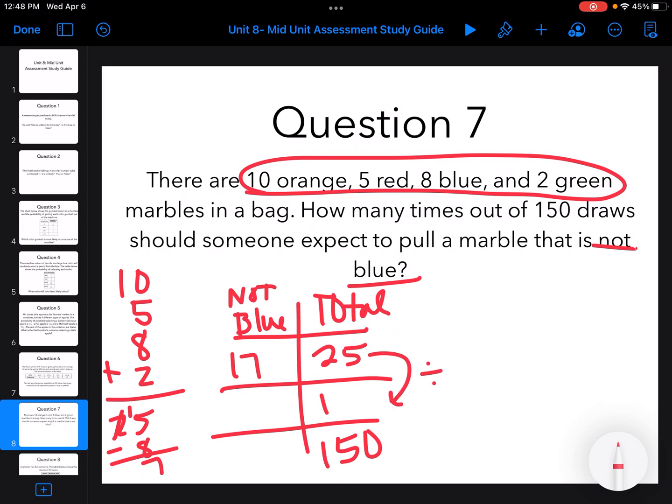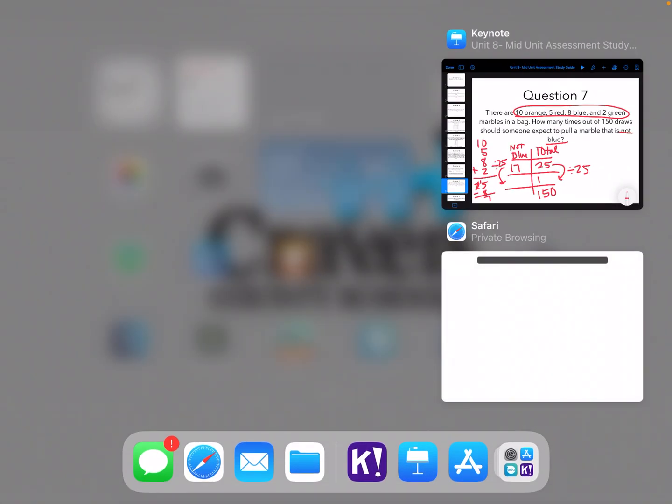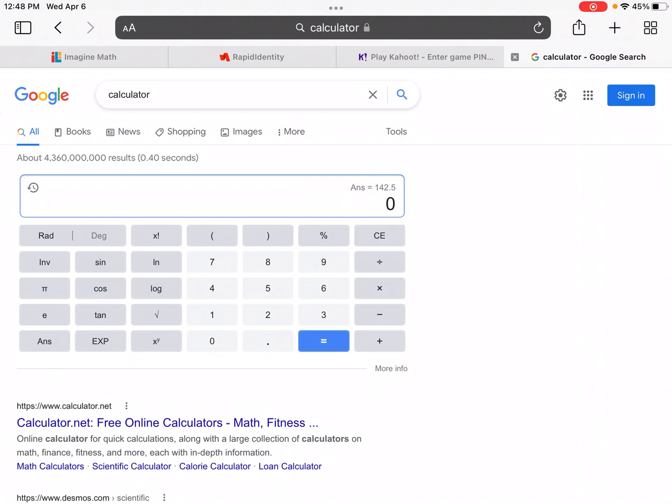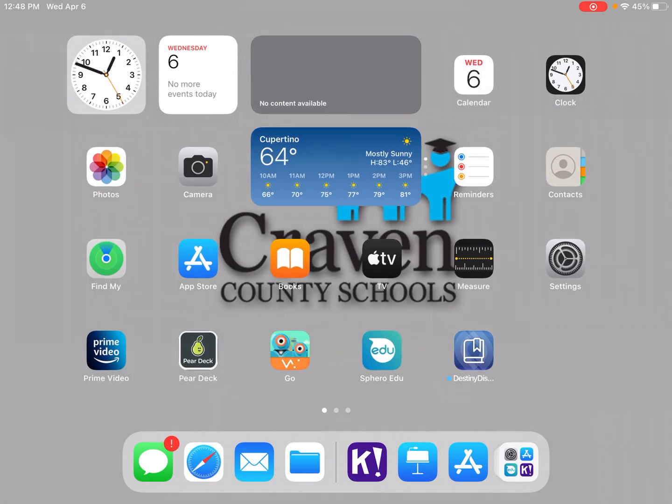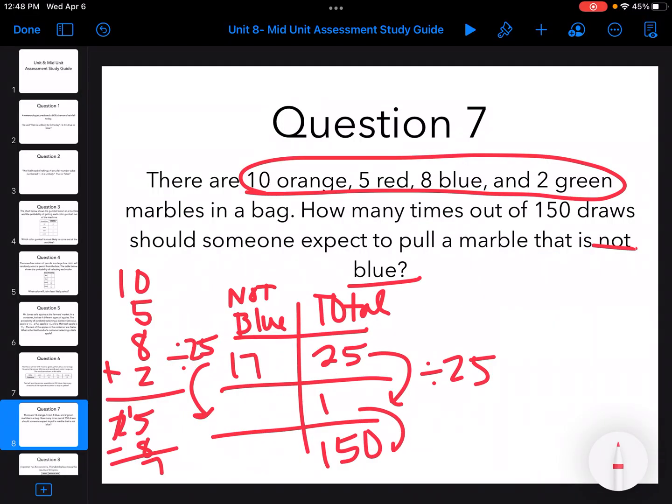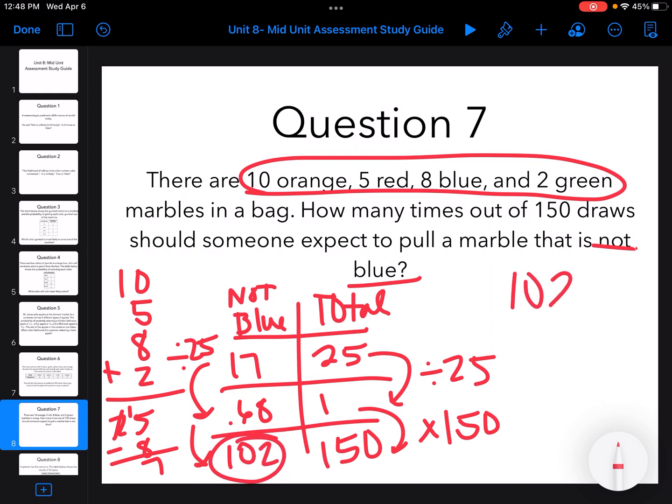So I'm going to divide by 25. So I've got 17 divided by 25, and then I'm going to multiply by 150. I get 102. So I should get that 102 times.